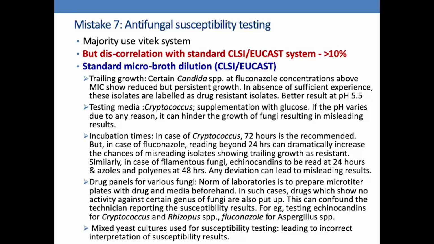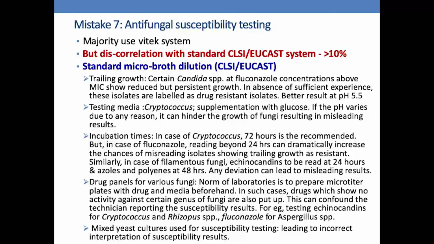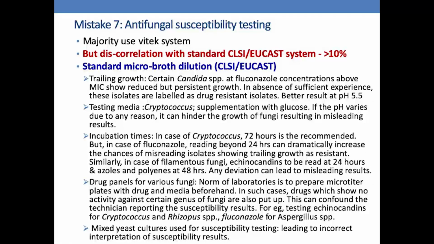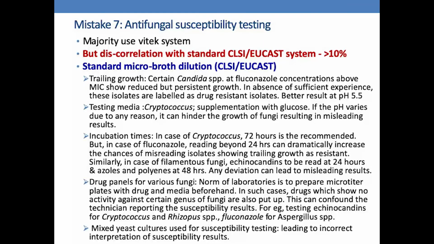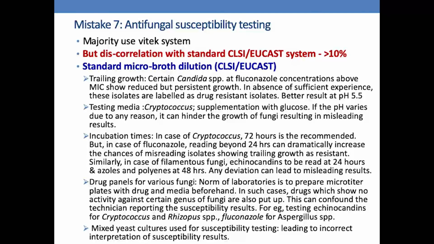But when we did a study across India on 1400 candidemia cases, we found that discordance between Vitek and CLSI or EUCAST is more than 10%. So what I suggest is that if you are getting susceptible, report it. Don't just report resistant like that, rather confirm this aspect. That is very important. So we need the CLSI standard microbroth technique.